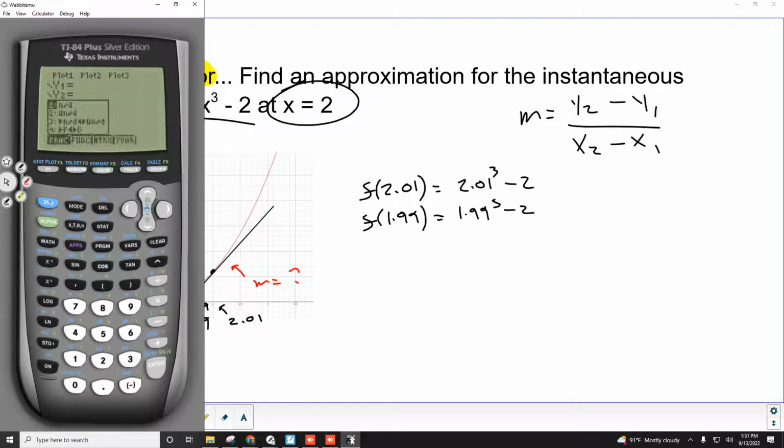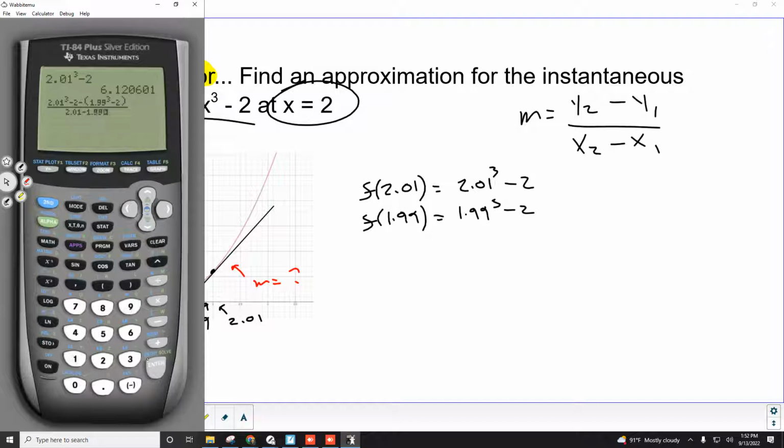Alpha F1. Here we go. So I'm going to put this as my y2. This is my y1, all at once. So away we go. 2.01 cubed minus 2 minus 1.99 cubed minus 2, over 2.01 minus 1.99.